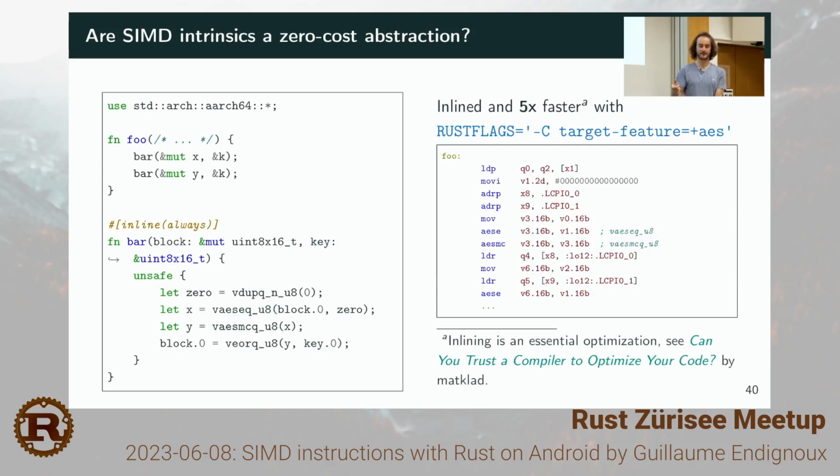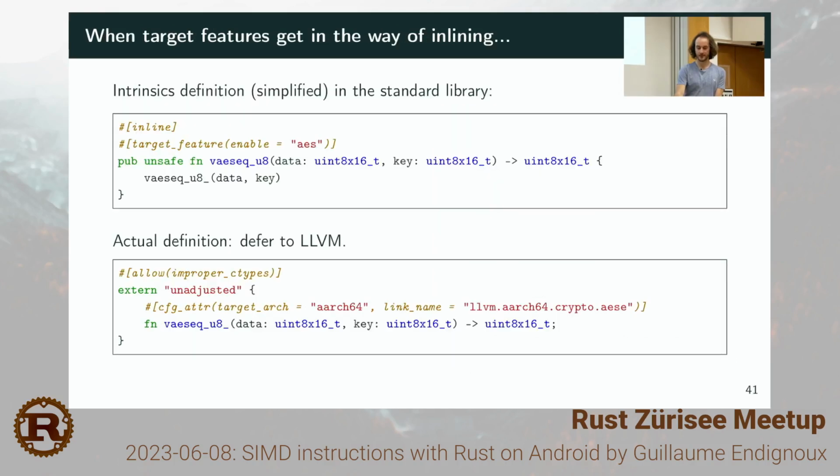So why were the intrinsics inlined in this case and not in the previous case? To answer this question, let's take a look at the definition of the intrinsics in the Rust standard library. First of all, you can see that they are annotated as inline, so you expect them to be inlined.